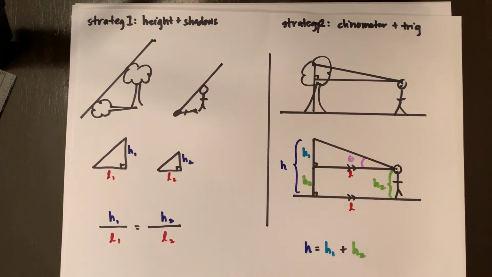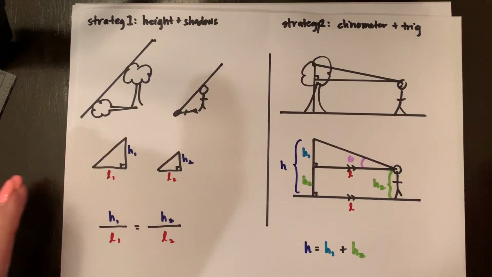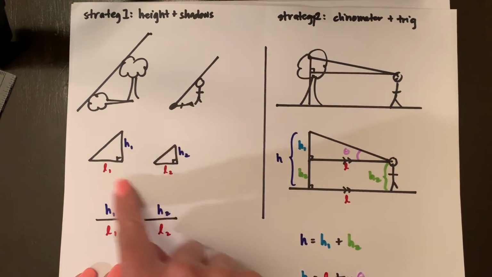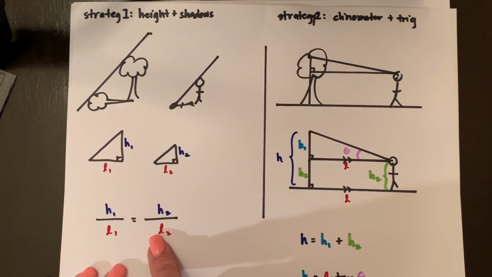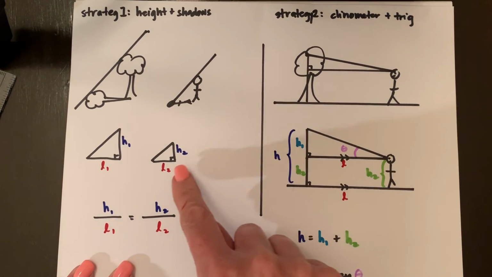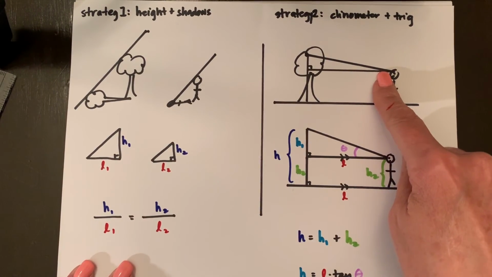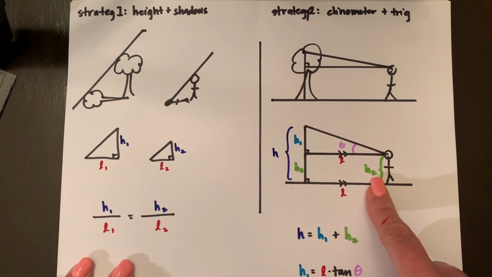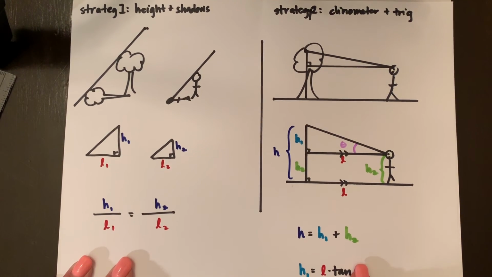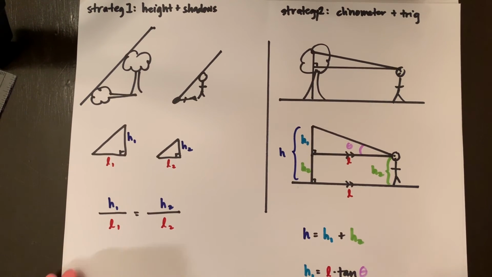We saw two different strategies, one using heights and shadows and proportional reasoning, and the other also building on right triangles, but using right triangle trigonometry to figure out the unknown height. Both strategies ended up giving us two different answers. So what does that mean? What did we learn by using these two different strategies to find the height of these oranges?